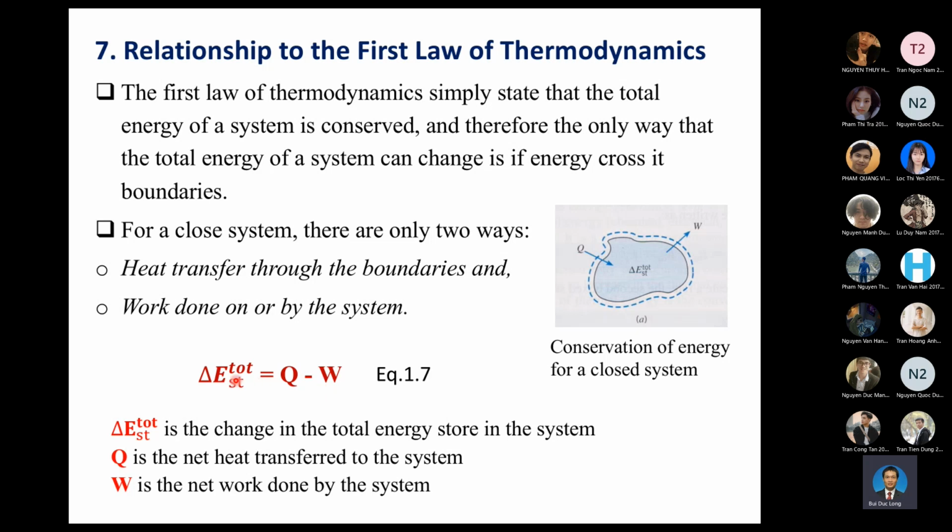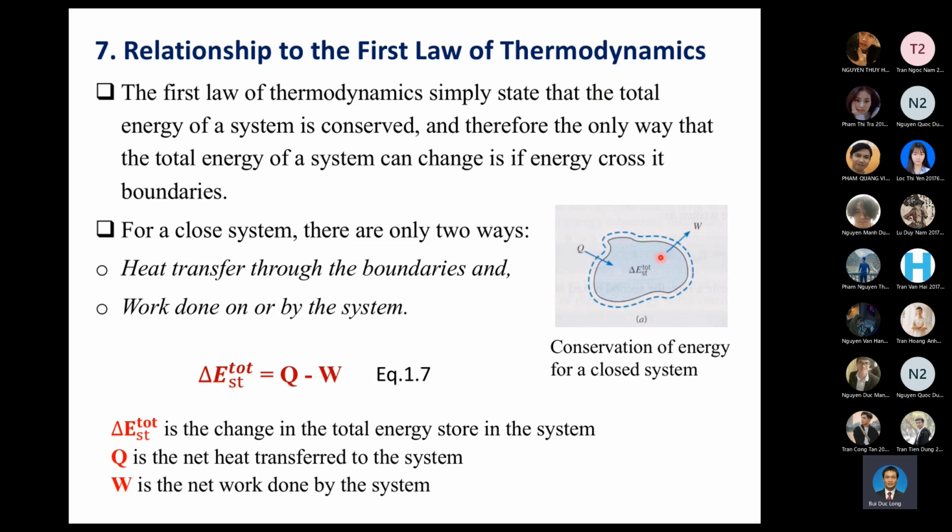It means the total energy stored in the system equals the net heat transfer to the system minus the net work done by the system. This is the relationship in the first law of thermodynamics.